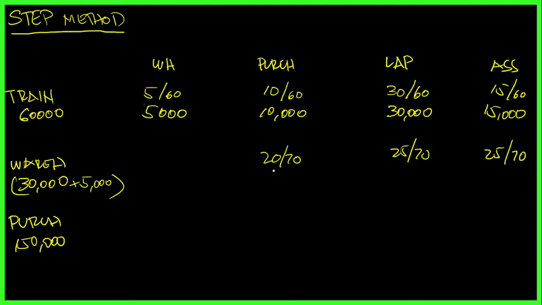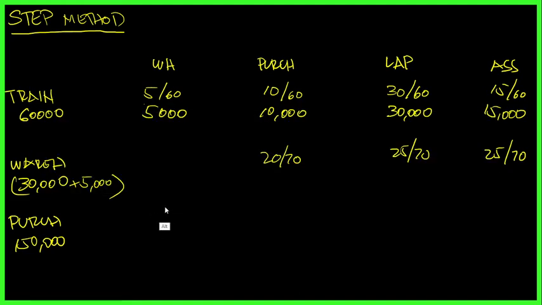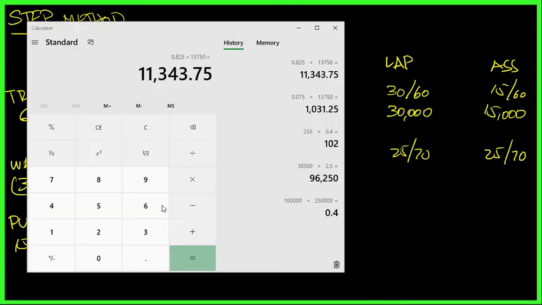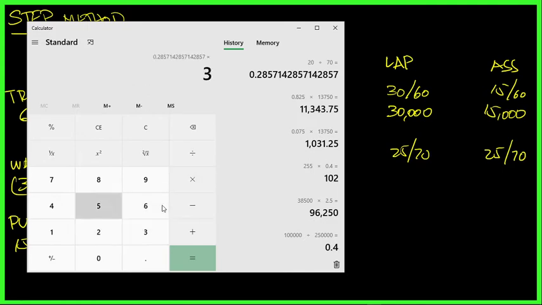Okay po, now let's try to multiply that, no? Let's multiply that with 35,000. So, we have here our calculator. Ayun, yung ating calculator. So, you have 20 divided by 70 times 35,000.